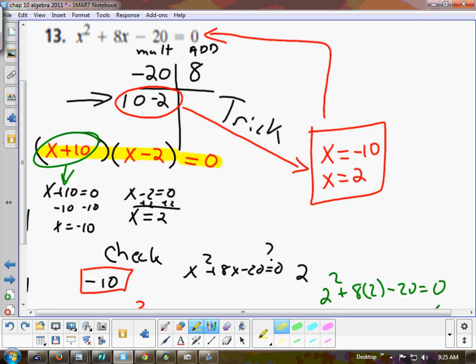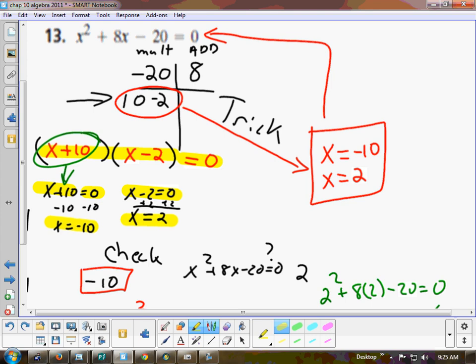Do you agree with that? You do agree that that turns into this, right? So now, if you don't like this trick here, take this one and set it equal to 0 and get an answer, and take this one, set it equal to 0 and get an answer, and you get your 2 answers.